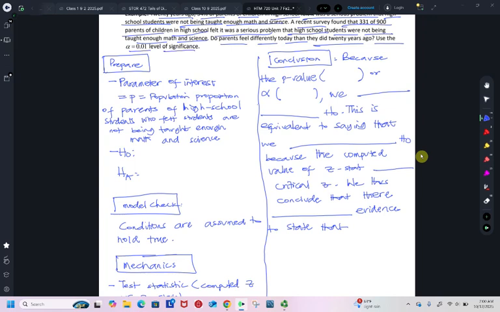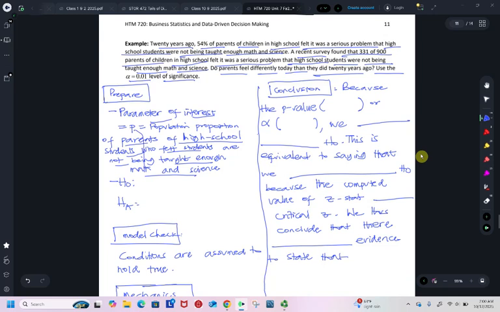The parameter of interest here will be the proportion of parents of high school students who felt that students are not being taught enough math and science. So regarding that proportion, what was the status quo? The status quo used to be 54%.